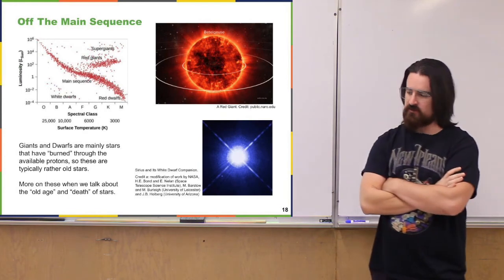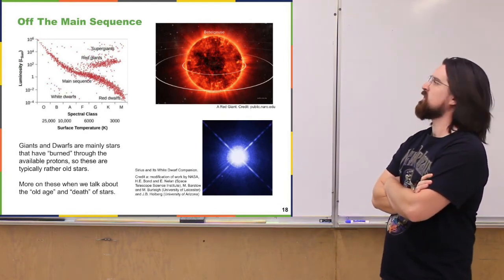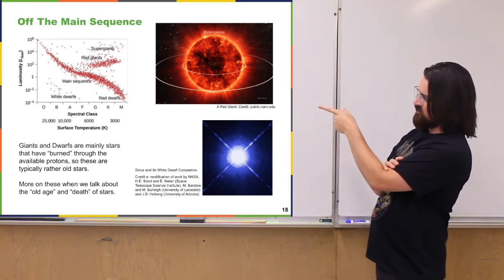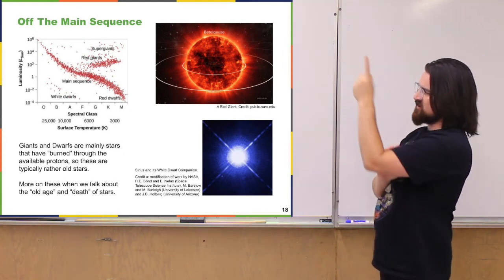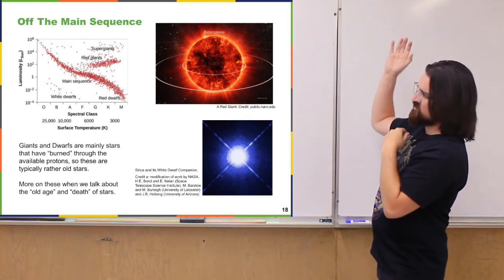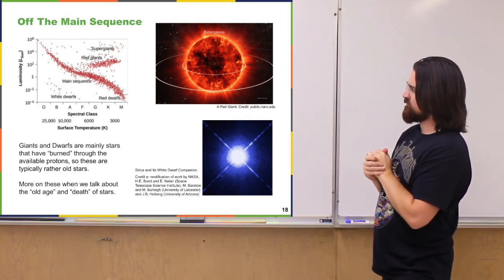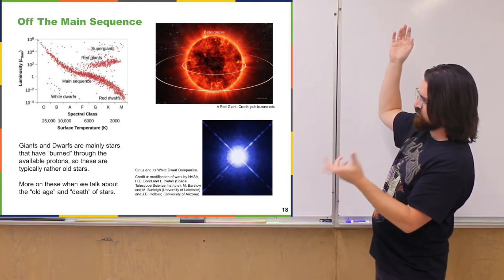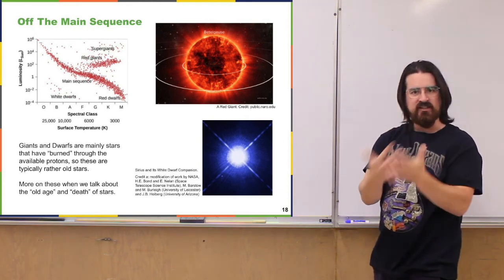So that's mostly it for this lecture. Just wanted to mention very briefly some of this stuff that's not on the main sequence. So remember again, that's that HR diagram, temperature versus luminosity. Most stars lie along that diagonal. There are these other ones that are not. And I said a little bit about them before, but it turns out that the giants and the dwarves are basically late stage stars.